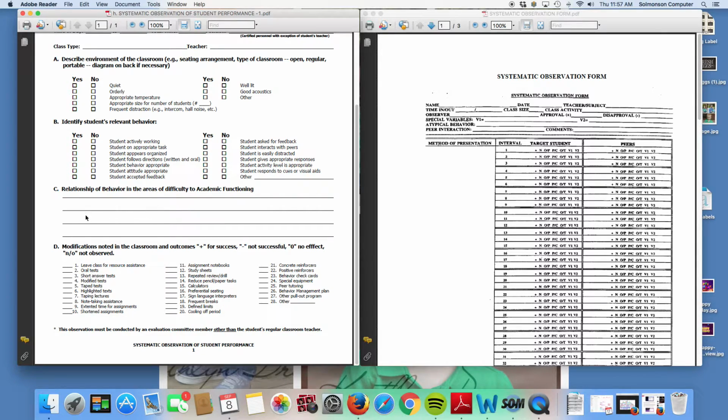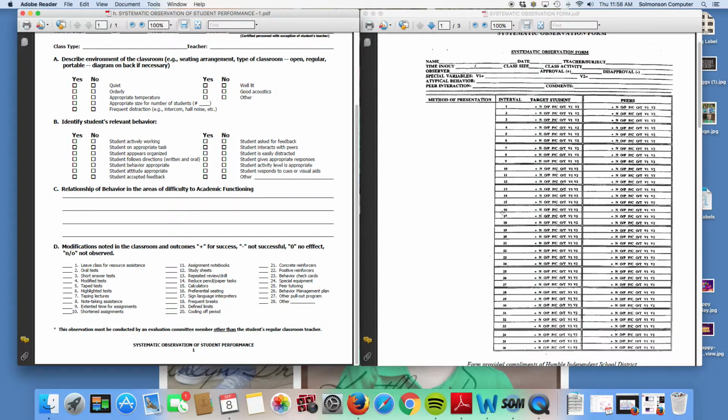Then you talk about how the child is having problems in reading comprehension or whatever, and how these things may be related to that. And then down here, these are the things you're recommending that could be done differently to assist the child in addressing these behaviors.